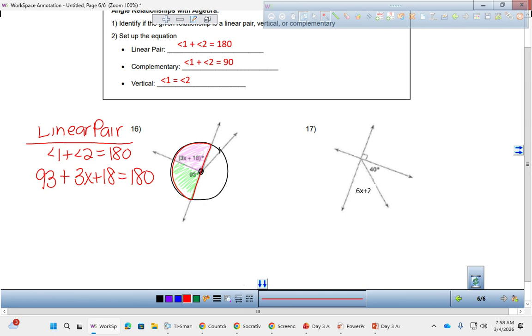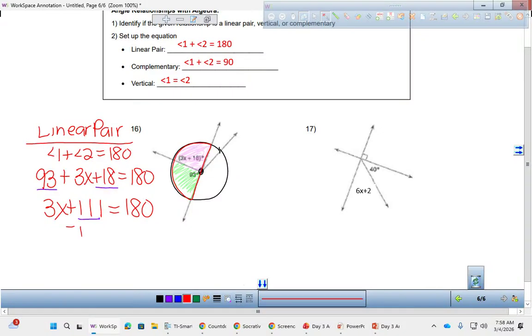All right, so what do we got here? 3x. Is it 111? Right? 111? If I combine my like terms, 93 and 18, 111, okay? So from here, I combined my like terms, 93 and 18, that's where this 111 is coming from.